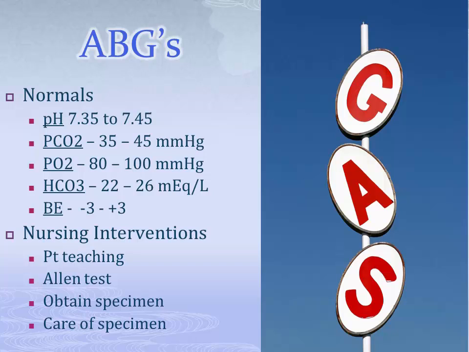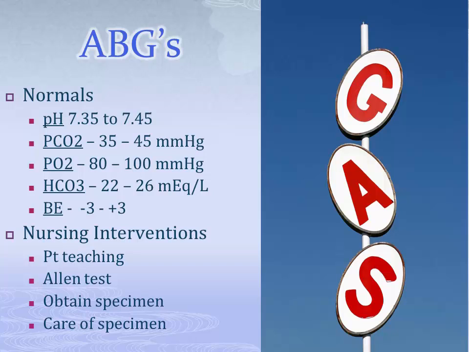We're also going to look at PCO2, which is the respiratory component of the ABGs. It's measuring the amount of carbon dioxide that's dissolved in the blood. In other words, it's kind of measuring the ventilatory capacity of the lungs.